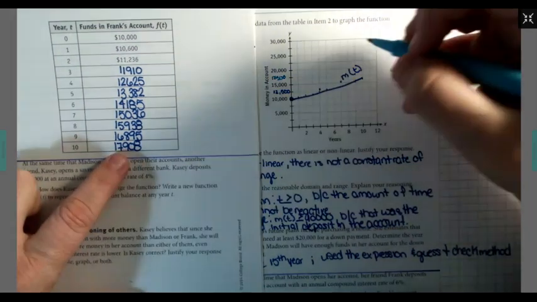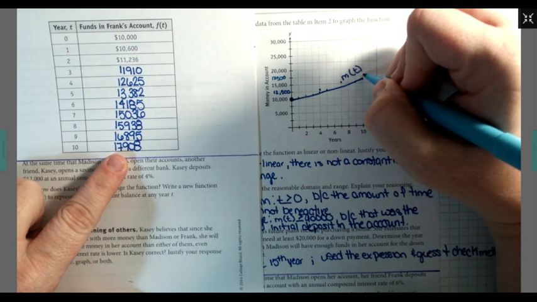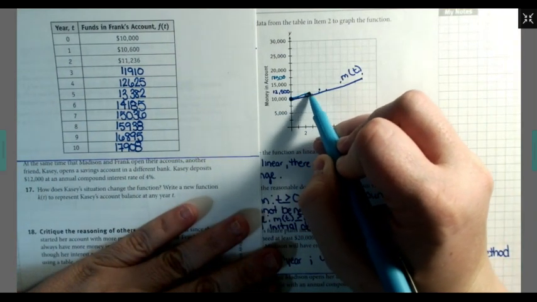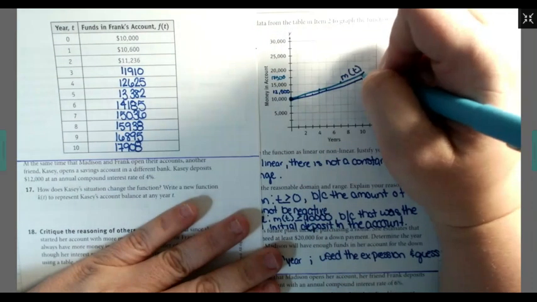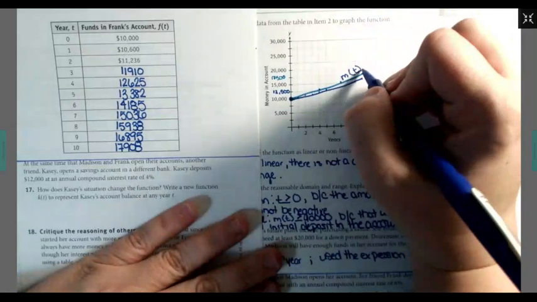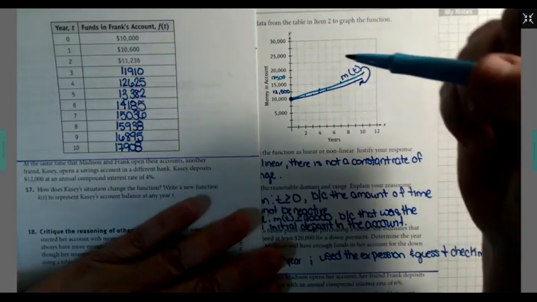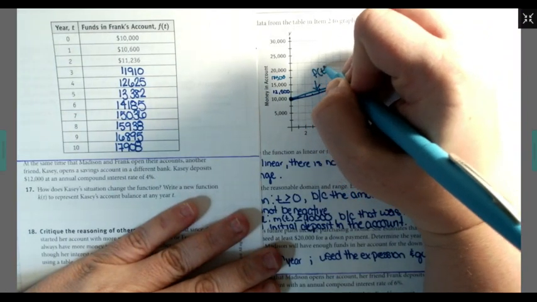So he gets to right above that line in year 10. And this one right here is F of T.